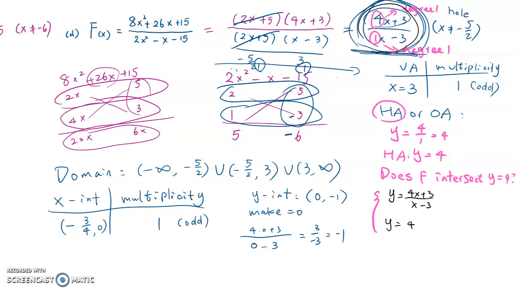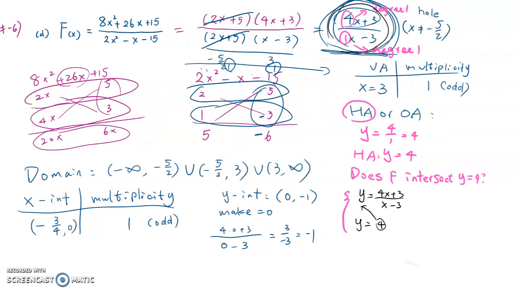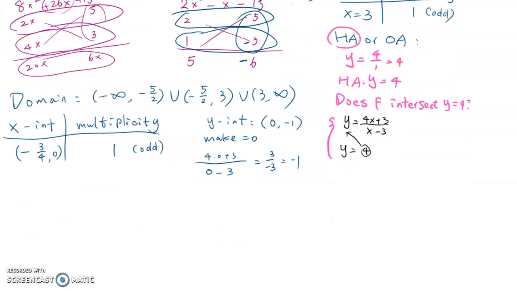Let's put them into one system and replace y in the first equation by 4. You will have 4 equals 4x plus 3 over x minus 3.